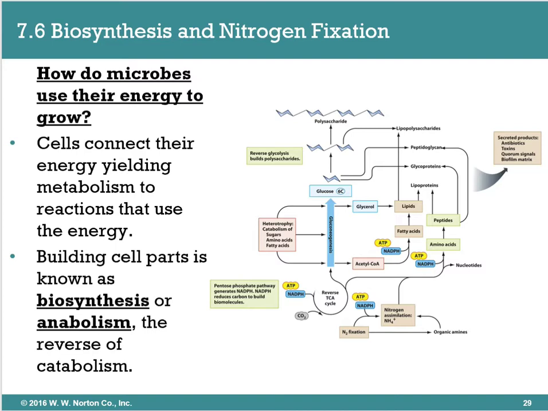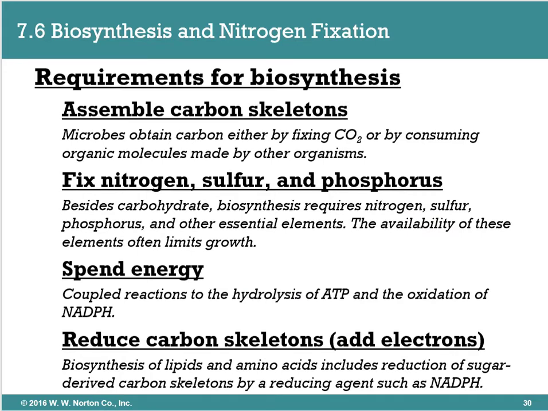Okay, so I know this is a lot of information, but just one last thing for biosynthesis. There are 4 main requirements. There has to be an assembly of a carbon skeleton, meaning that the microbe has to have carbon present.